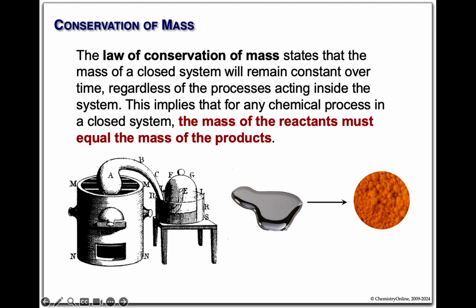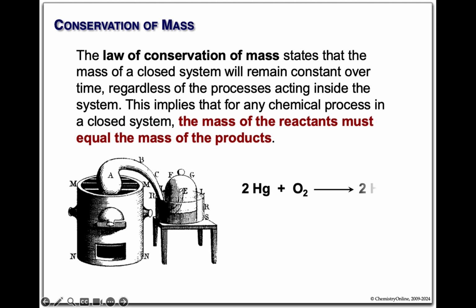And they were the same. If you took this, heated it up again, it could go back to mercury and release the oxygen. Again, the same mass on both sides. Here's the actual equation. Mercury plus oxygen, mercury 2 oxide. Heat this, go back to oxygen and mercury.